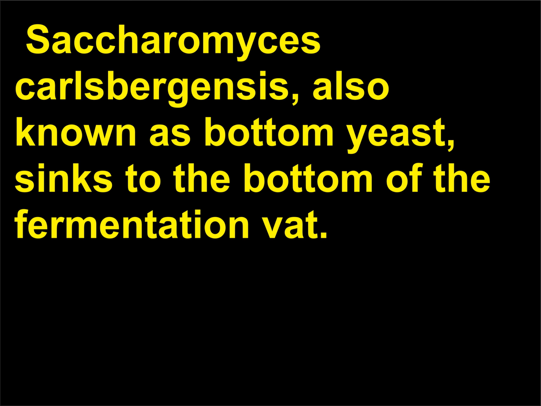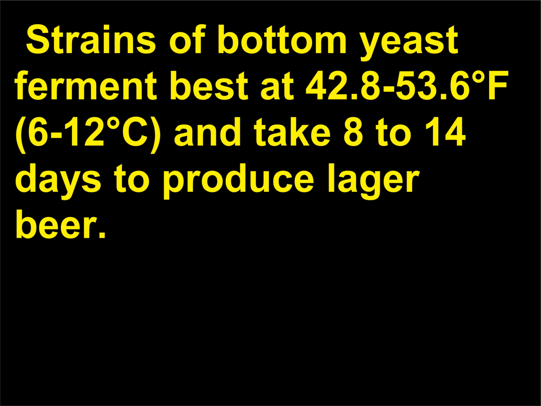Saccharomyces carlsbergensis, also known as bottom yeast, sinks to the bottom of the fermentation vat. Strains of bottom yeast ferment best at 42.8 to 53.6 degrees Fahrenheit, 6 to 12 degrees Celsius, and take 8 to 14 days to produce lager beer.